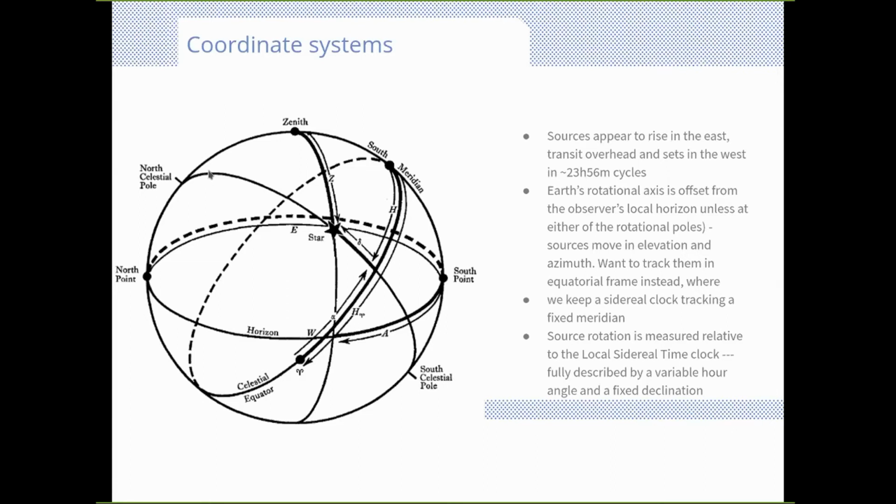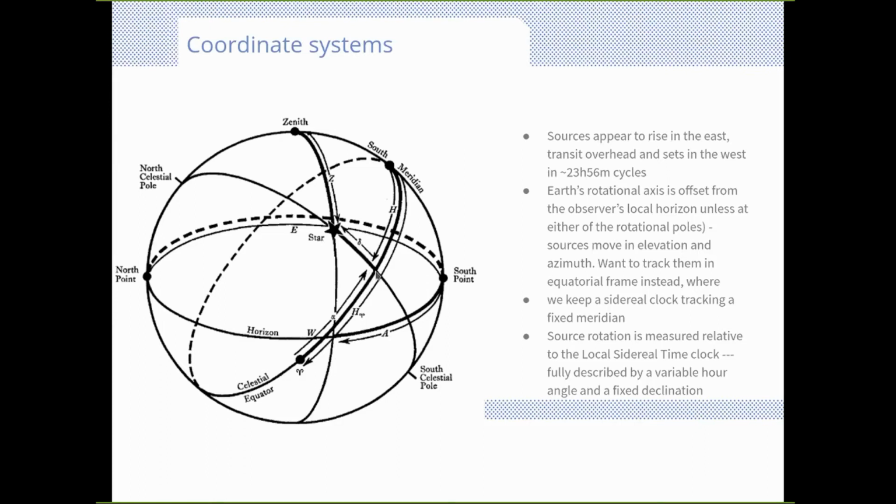So let's say they start off at the north-south meridian of the observatory, right? So the sky directly overhead of the observer, and they're close to the north celestial pole. Then they're going to track out a circle during the course of this sidereal day. The offset of that circle with respect to the celestial equator is what we call the declination angle.